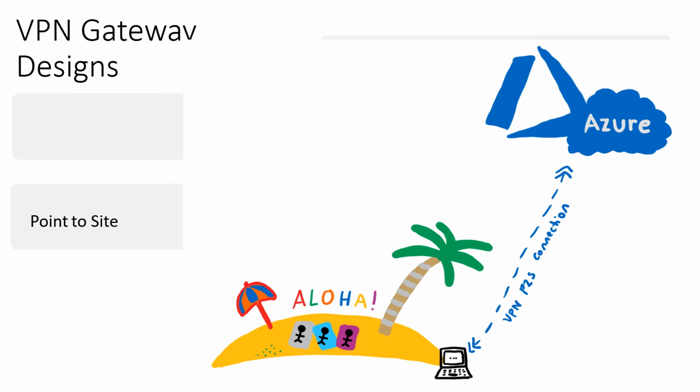You can configure P2S point to site connections route based, and you need to install the VPN client on all of those machines, and through that VPN client they can connect to Azure network or machines or applications or anything. An alternative to that nowadays is Azure Bastion, which you can access in a browser and connect to your Azure virtual machine. So that is also one option.